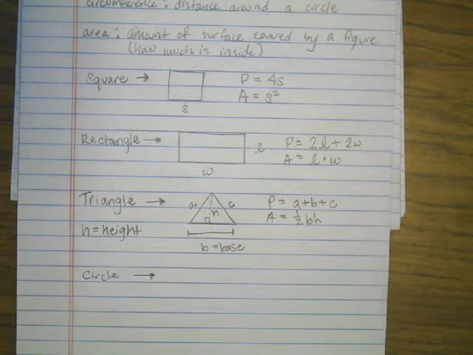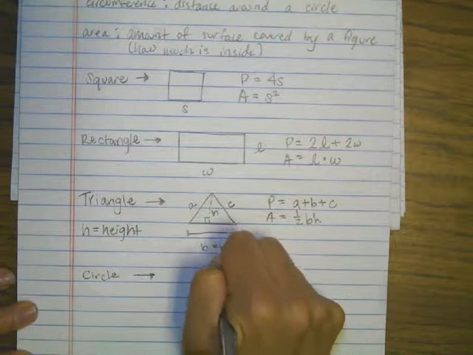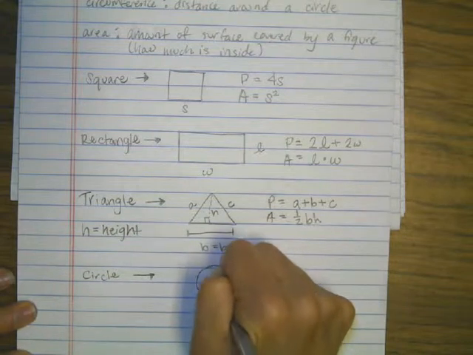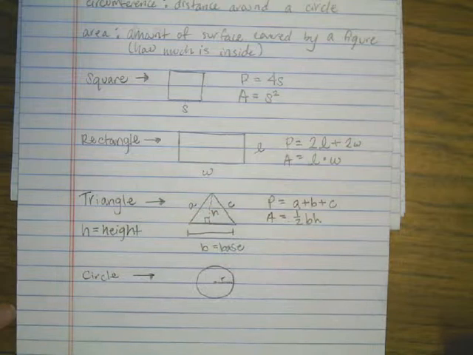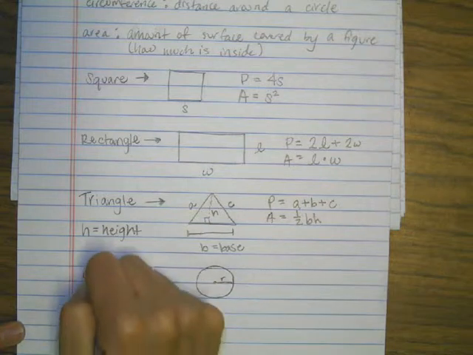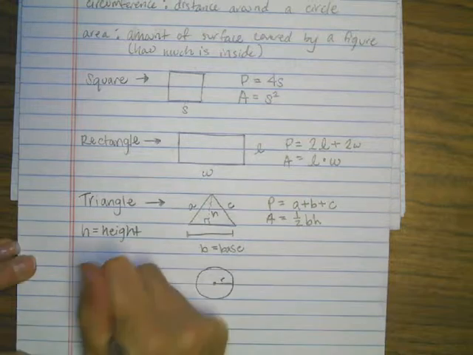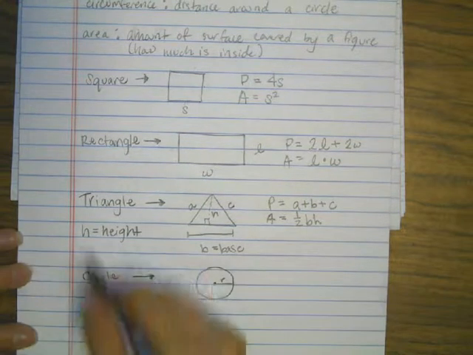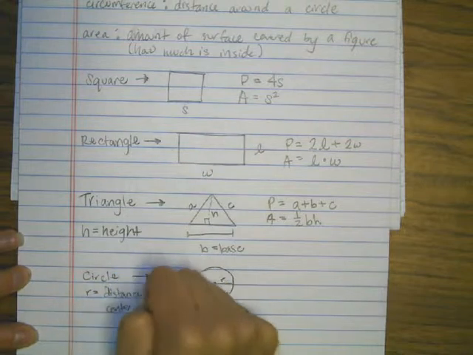The last one we're going to look at is a circle. A circle has a radius r or a diameter. So the radius is from the center to the outside. Its distance from the center to the outside.